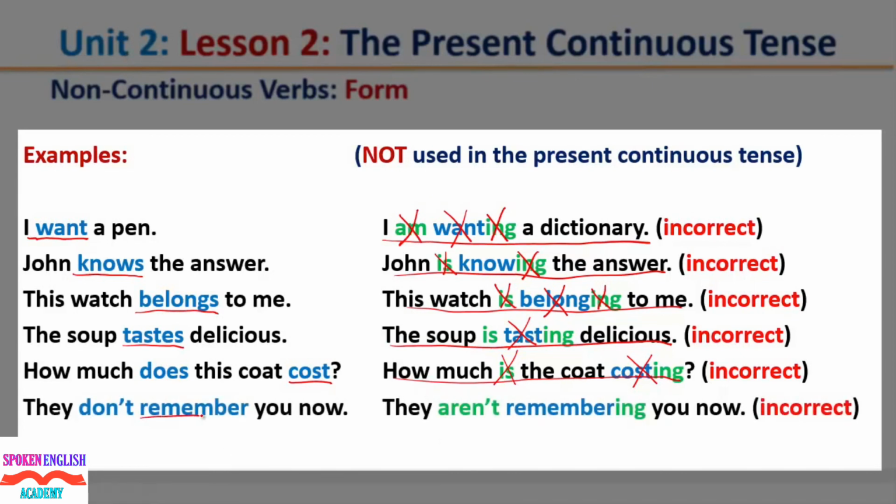The verb remember is a non-continuous verb. It cannot be used in the present continuous tense. So this sentence is incorrect. So remember that non-continuous verbs are not used in the present continuous tense.